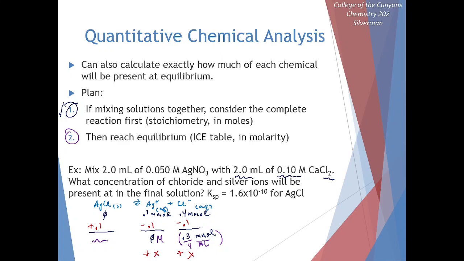We have an extremely small KSP, and so we can set up our K expression using that small x approximation. And we can find some value for X. Our amount of silver in our solution will be 2.13 times 10 to the negative 9th molar, and our amount of chloride will be about 0.3 over 4 molar, 0.075.